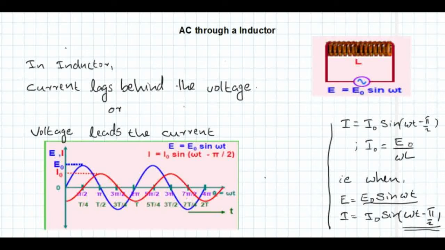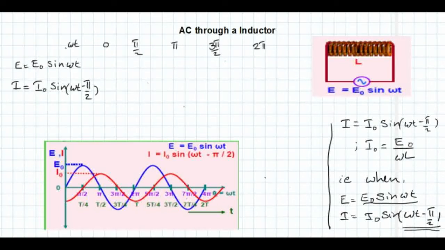So this is how we are representing it, and this graph is different from the previous graph, right? In this case you can see that when the EMF is 0, when omega t equal to 0, EMF is 0, at that time the current is maximum in the negative side, that is minus I0.